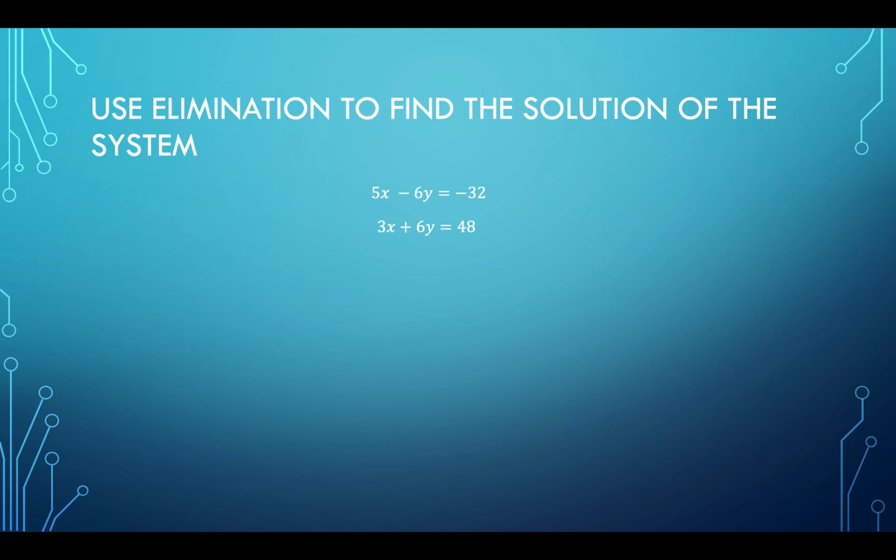So let's use elimination to find the solution of the system. I give you guys 5x minus 6y is equal to negative 32, and 3x plus 6y is equal to 48. What I like to do is rewrite the problem. We can't cancel out the x's because we have 5x and 3x.